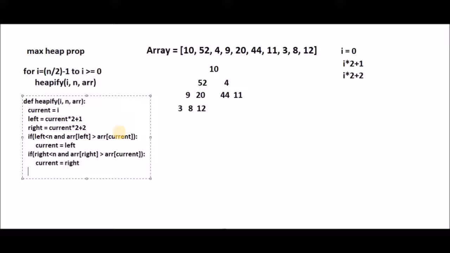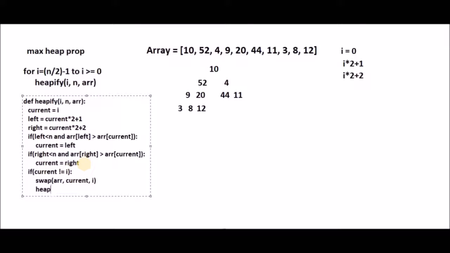At the end, we check if the current is not equal to what I started with, that means there has been a change in between, and that's when I do swap. So I pass in the array, I pass in the current, and I pass in i, and I don't think I need to show you the swap function.